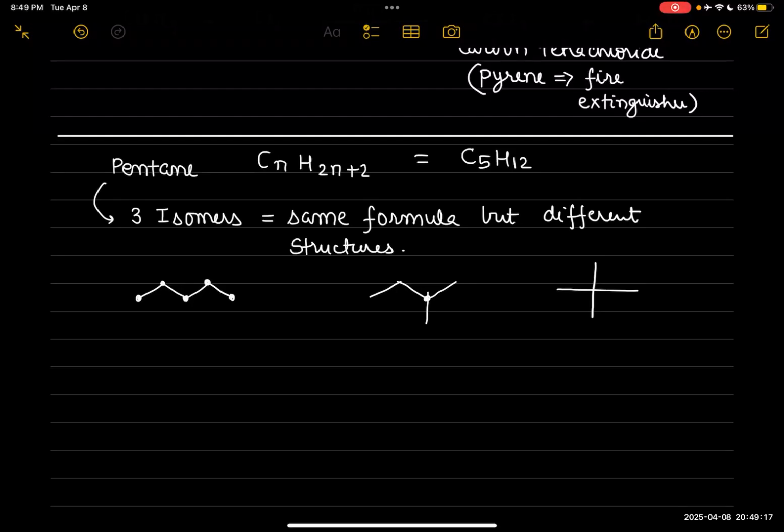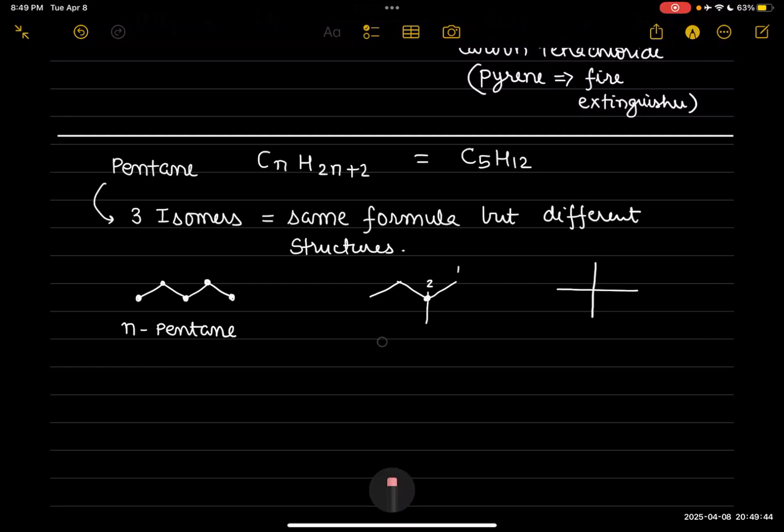This is normal pentane. This is the common name. I will do the numbering from this side because this is giving the lower number 2. I should not come from the left hand side because that is giving the number 3 to that branched position. So this is 2 methyl.